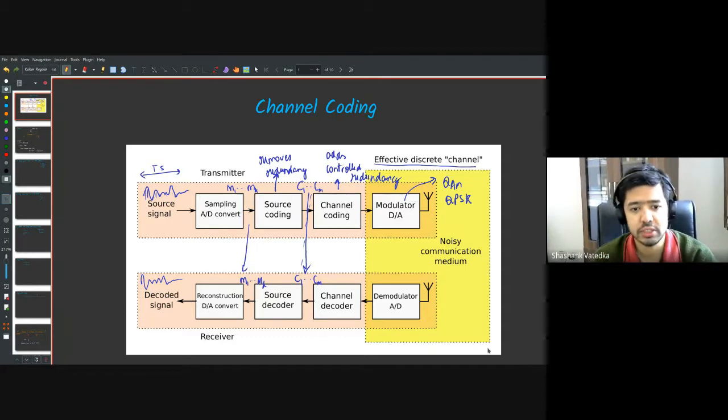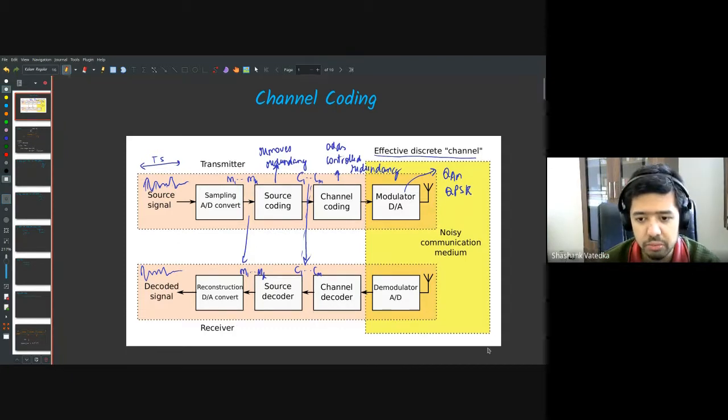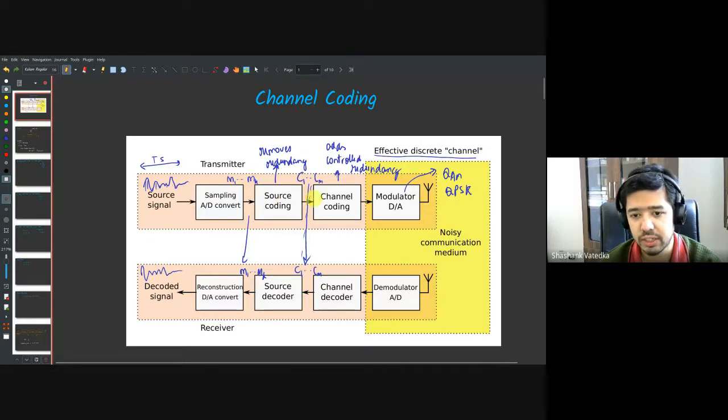Okay, so in the previous class, we just looked at this block diagram of a generic digital communication system. In any generic communication system, you typically have a continuous time signal, which is then sampled and converted to digital, which is then compressed and processed before transmitting through the noisy medium. And then at the receiver, you have a similar set of blocks where you post process the received signal after demodulation, and then decompress and then reconstruct and convert from digital to analog.